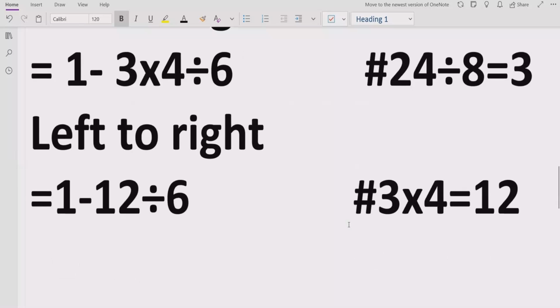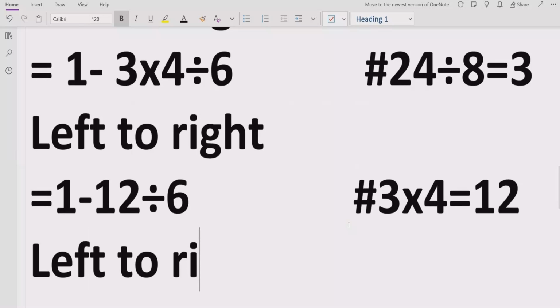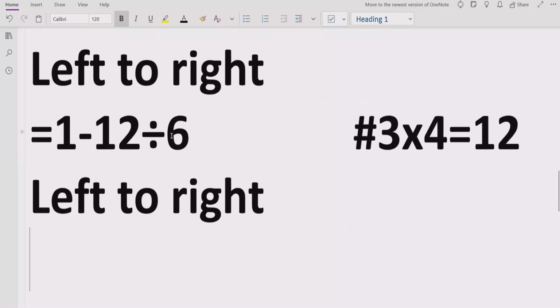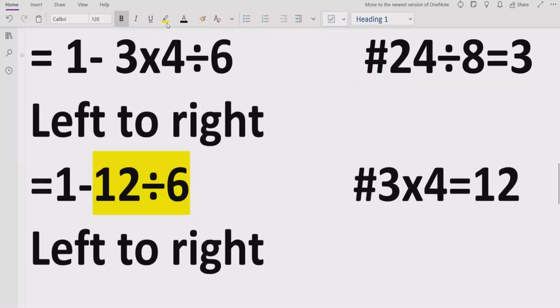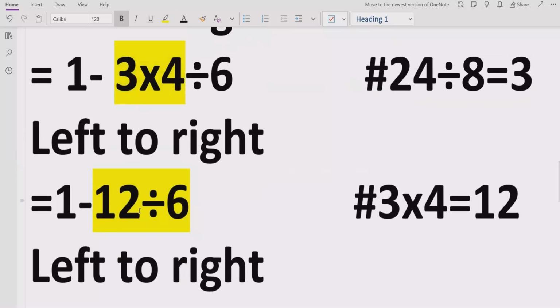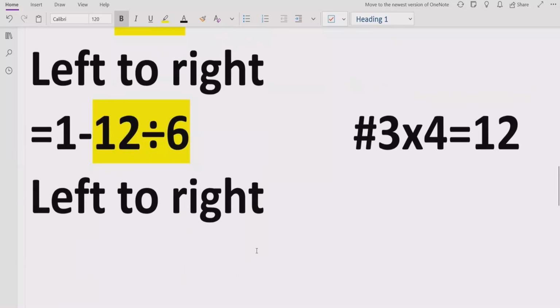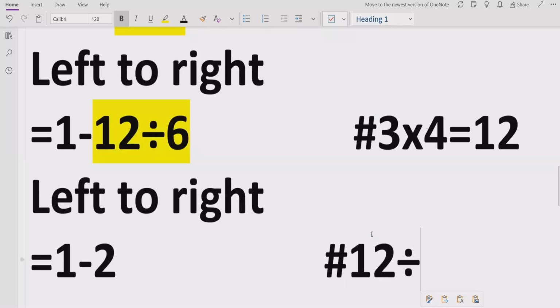Now we go left to right again and find out which is coming first. So now we have 12 divided by 6. So it becomes 1 minus 2. And again we give the reference: 12 divided by 6 equals 2.